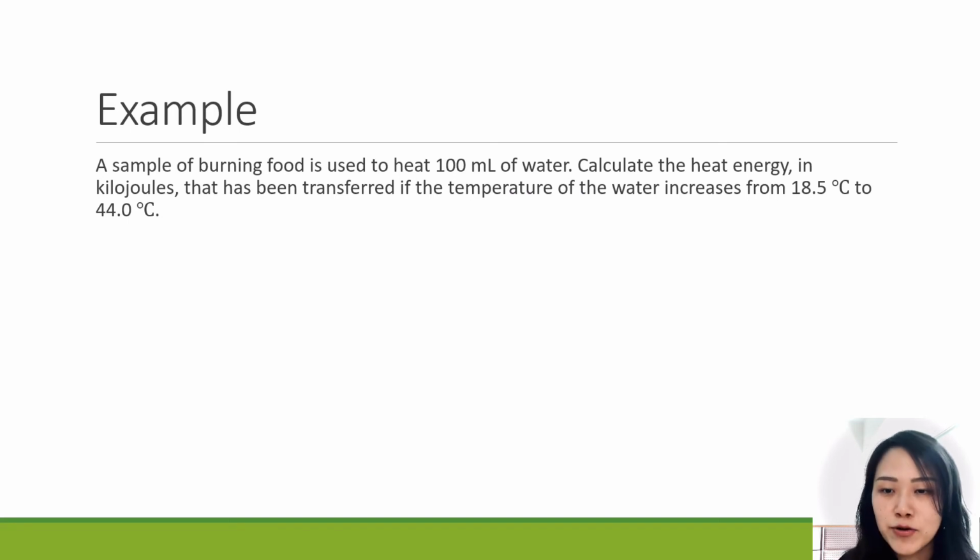Let's see an example. A sample of burning food is used to heat 100 ml of water. Let's calculate the heat energy in kilojoules that has been transferred if the temperature of water increases from 18.5 degrees to 44 degrees.